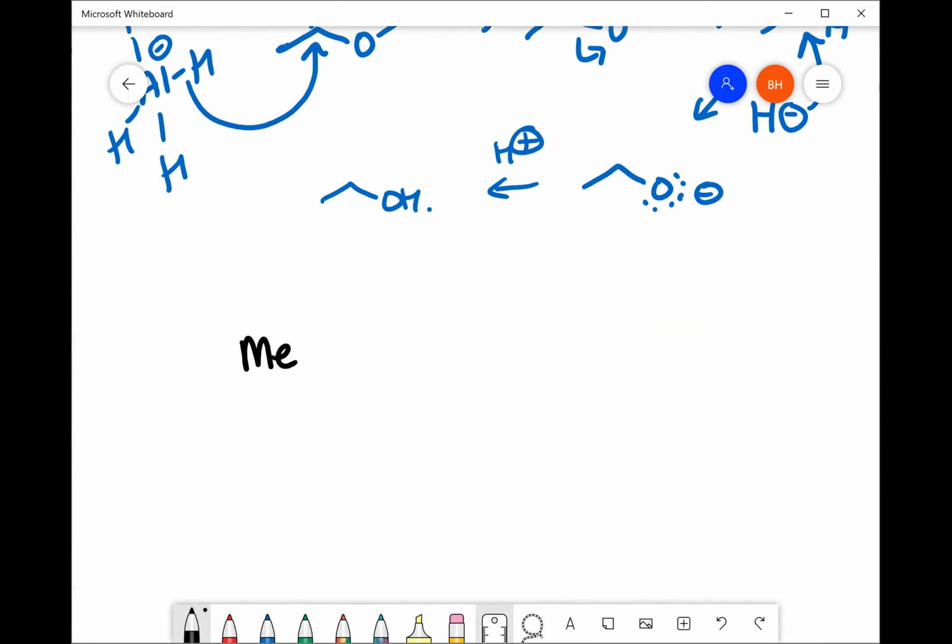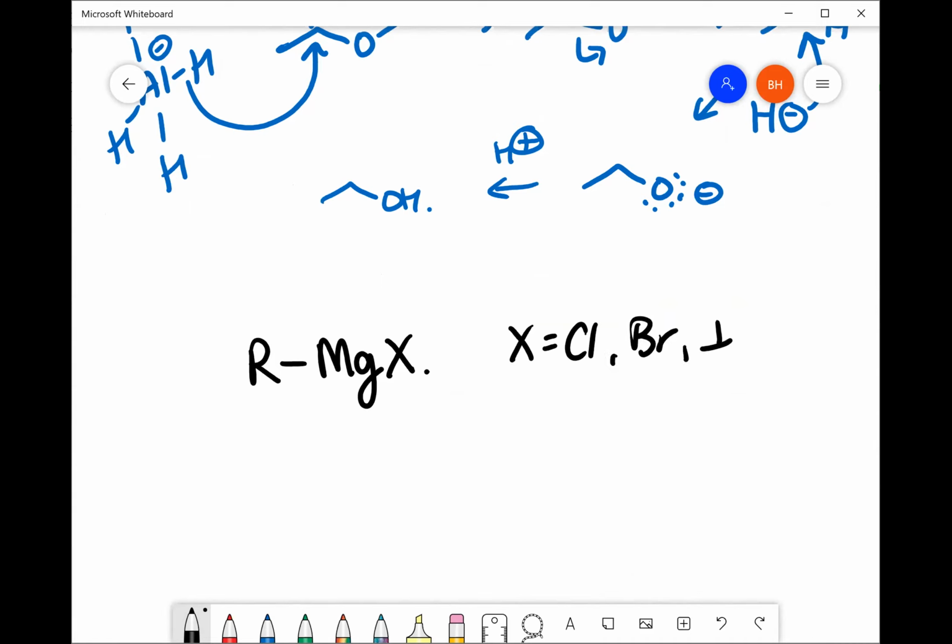RMgX, X is chlorine, sometimes iodide. Bromine's the most common one. So this is carbon with a minus, magnesium with a plus. So this is a source of R minus. Very basic and very nucleophilic.